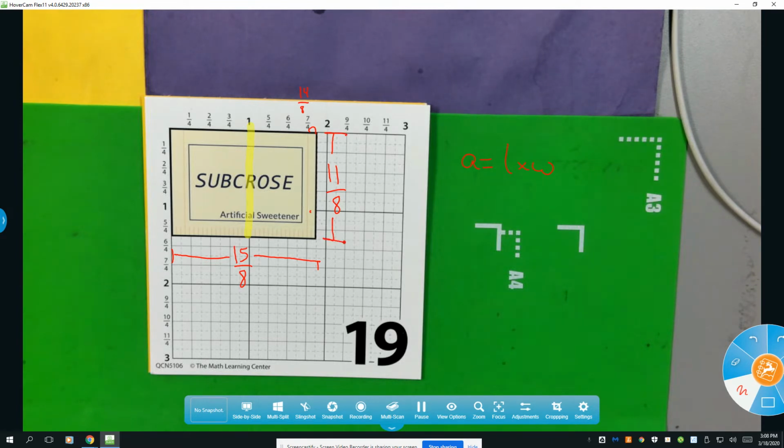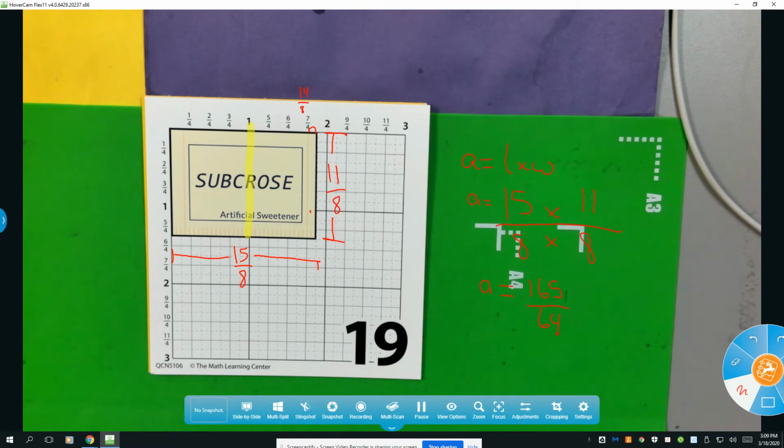So now all I've got to do is take my formula and say area equals, and I'm just going to use a long line under this, 15/8 times 11/8. So now we've got to do 15 times 11, which is the same as 15 times 10 plus 15 times 1. So that's going to be 165 over 64.